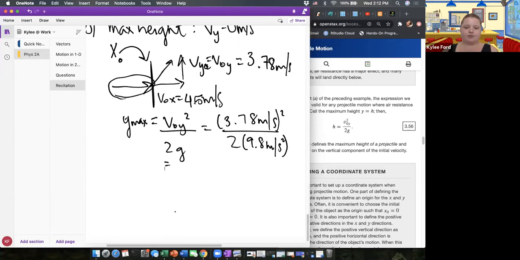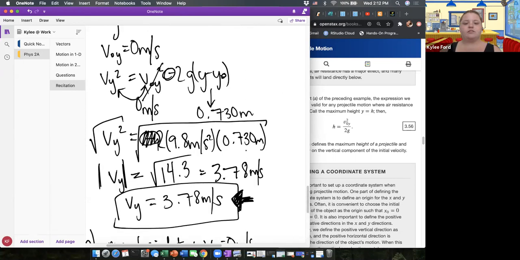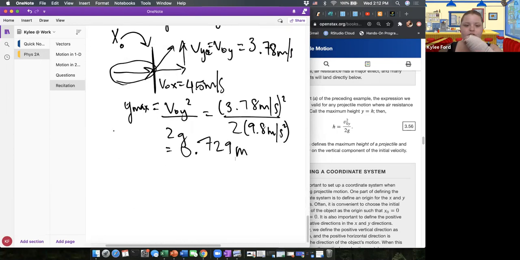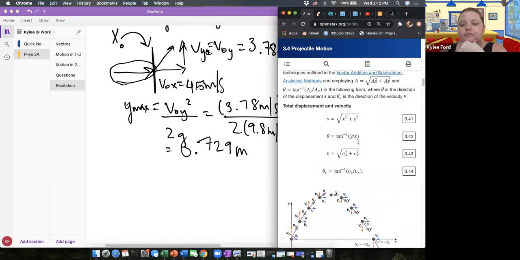It is. Cool, cool, cool. Okay, so this is 0.729, which is pretty much the same as what we were given. So that 0.73 meters. Okay, so we're going to use that as our maximum.